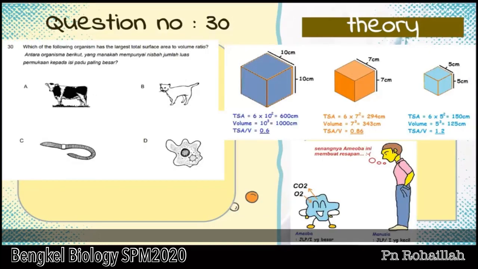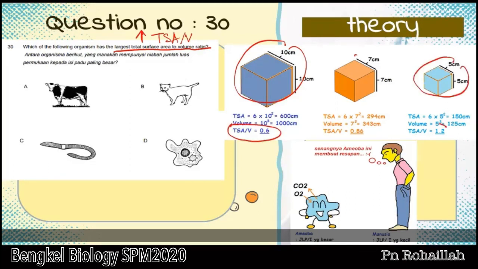TSA over V. Which of the following organisms has the largest total surface area? So, TSA over V. Dia tanya yang largest, yang paling besar. So the theory there, we know that you look here, ini cube yang besar, sederhana, kecil. So besar, TSA dia kecil. Yang paling kecil, TSA dia besar.